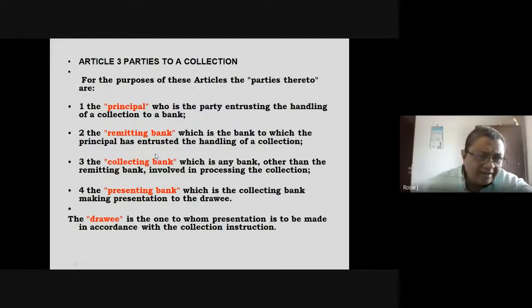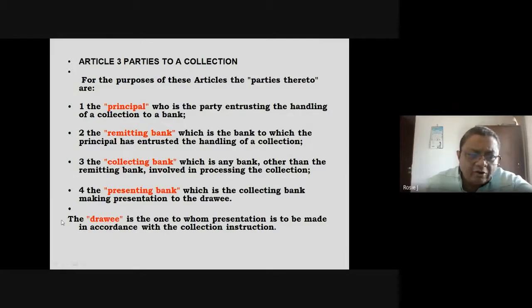Sometimes, for example, Standard Chartered Singapore might send the documents to Standard Chartered Colombo, and then Standard Chartered Colombo might send them to Commercial Bank because the customer is in Commercial Bank. Then Commercial Bank will be the presenting bank. Normally banks send it to the bank where the customer has the account, so collecting bank and presenting bank are generally the same.